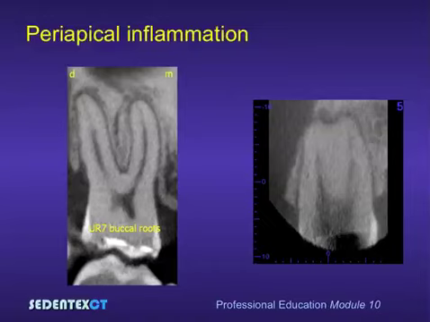The presence of periapical inflammation is indicated by loss of the periapical lamina dura and/or widening of the periapical periodontal ligament. Both of these teeth here show this kind of feature. On the right, we're seeing a cross-sectional image of an upper premolar, and we can see that around these 2 apices there is a widening of the ligament space, loss of lamina dura, and a diffuse radiolucency.